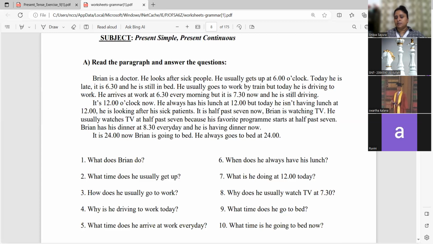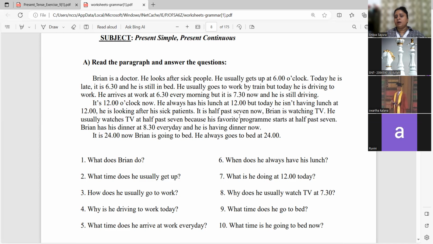It's simple. That is present continuous tense. He arrives at work at 6:30 every morning, but it is 7:30 now and he is still driving. It's 12 o'clock now. He always has his lunch at 12. But today he isn't having lunch as usual. He isn't having lunch at 12. He's looking after his sick patients.